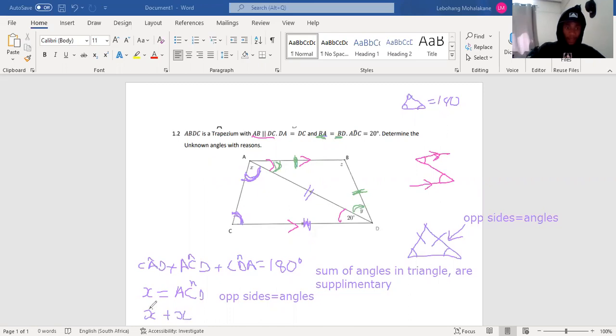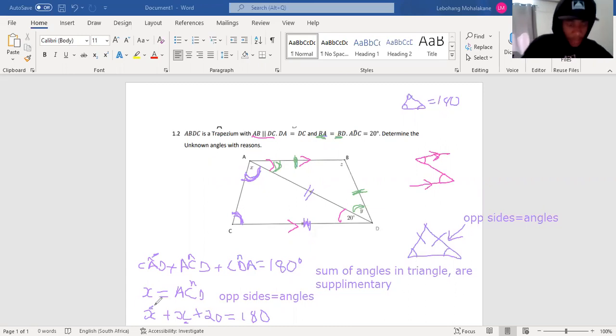This x is for CAD, and then this x is for ACD because x also is ACD, then plus 20. It's going to be equal to 180.